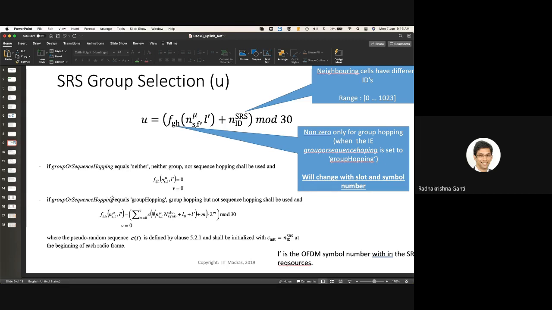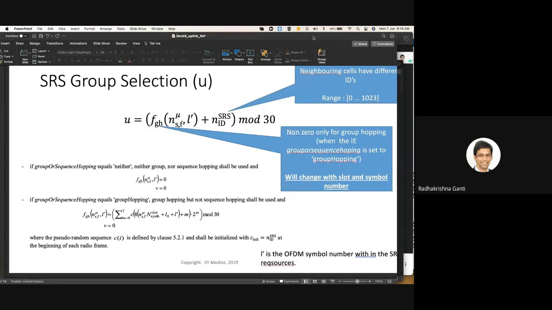So you can see this is a complicated function on how you choose your U. One is called NID SRS, which is fixed, so neighboring cells will have different IDs, and this FGH depends on the slot number and the symbol number. If you don't do group hopping, this becomes 0. If you do group hopping, you select it using a formula that depends on the symbol number and the slot number.